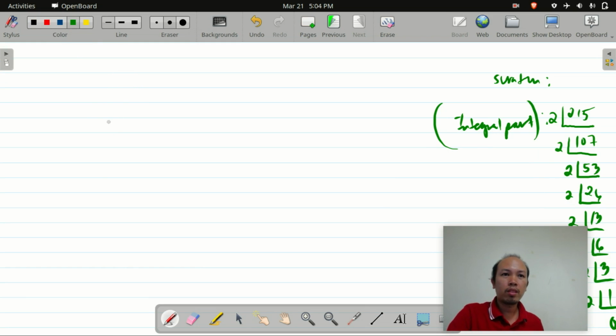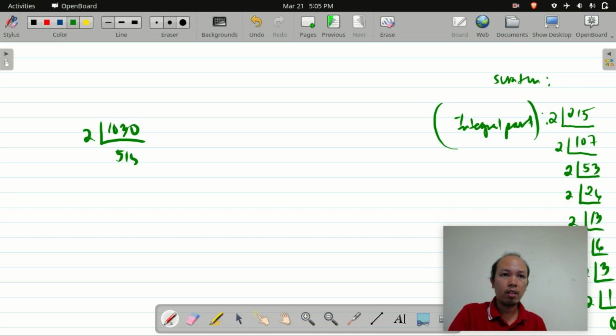We divide 1030 by 2. 1030 divided by 2 is 515.